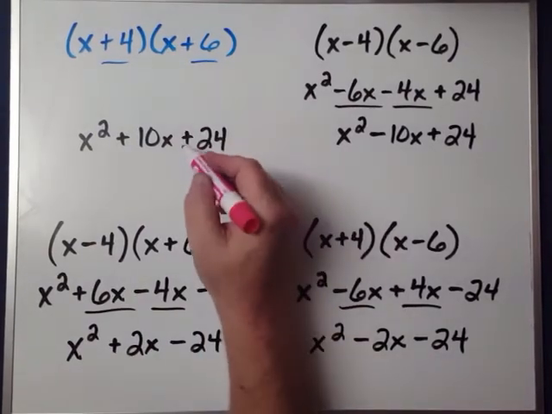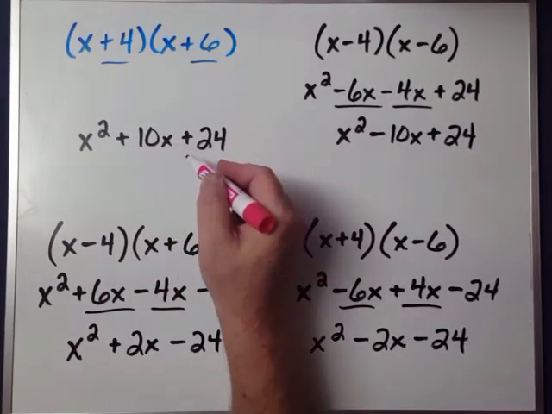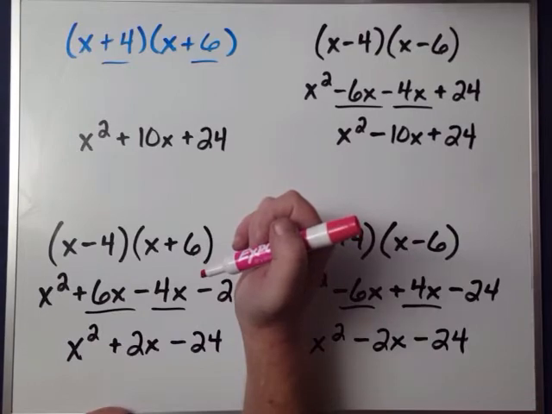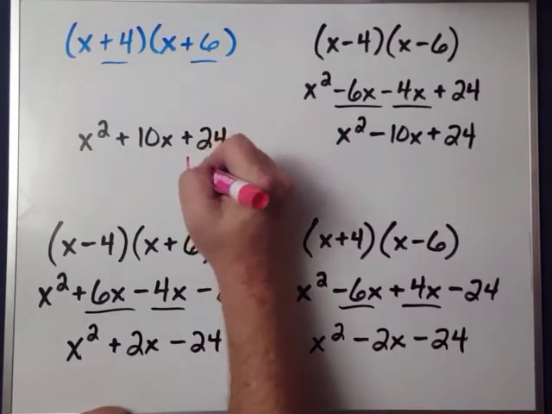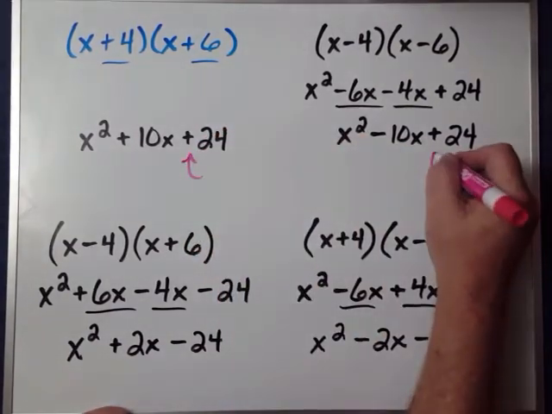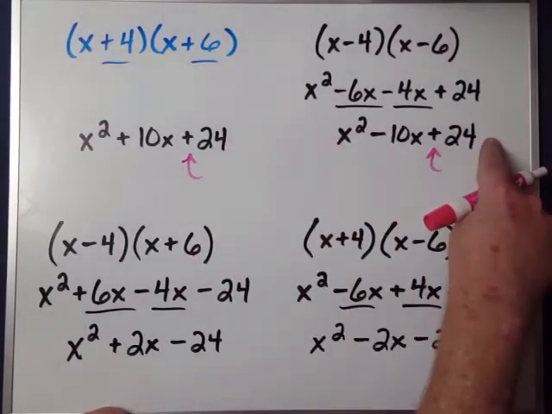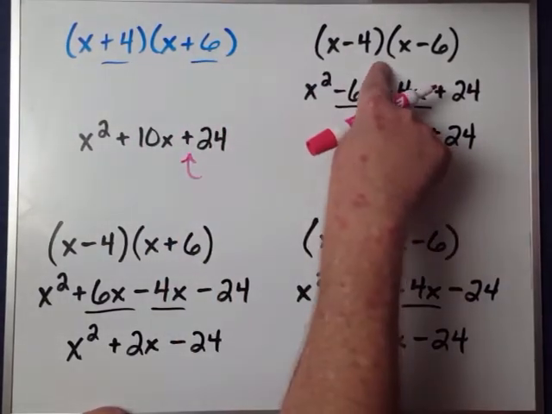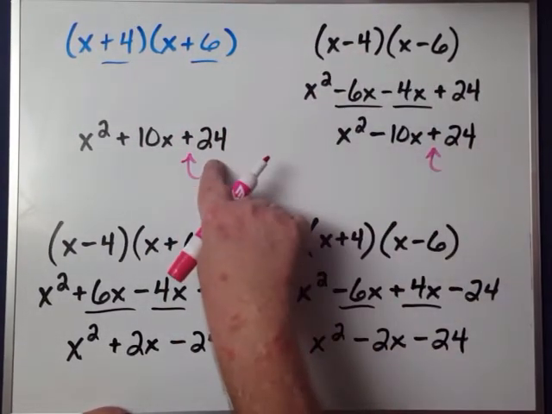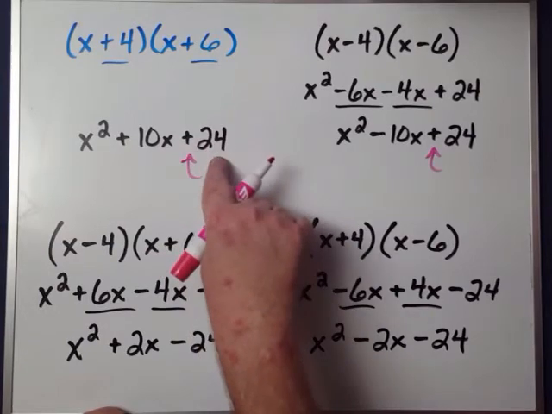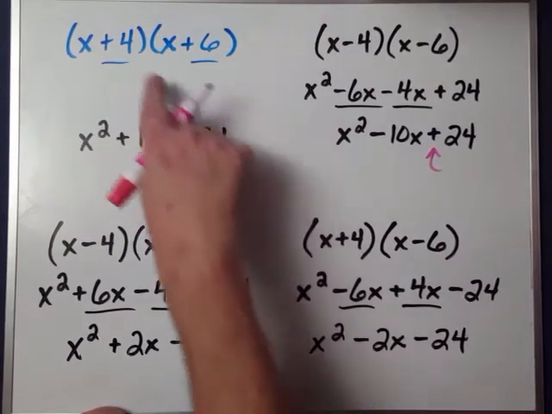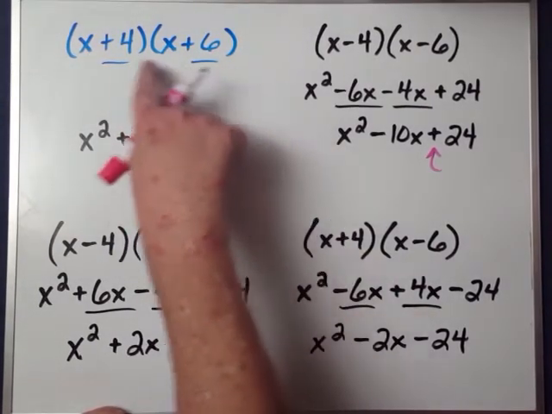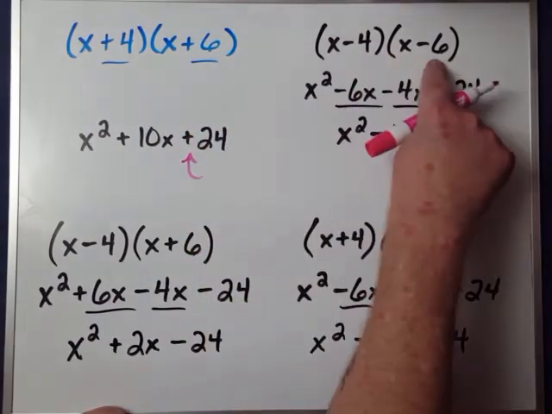Another thing to think about is the signs. If the sign on my numeric term in my trinomial is positive, what does that say about the signs in my factored form? Well, if you multiply two numbers together and get a positive 24, what must be true about the two numbers? They were either both positive or both negative.